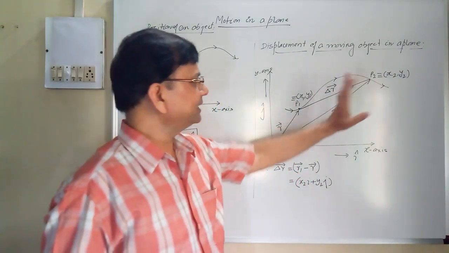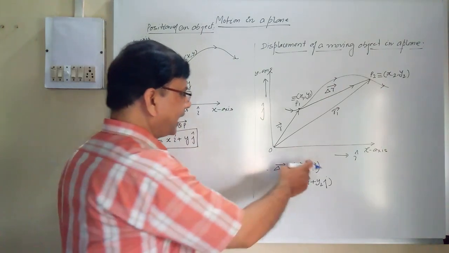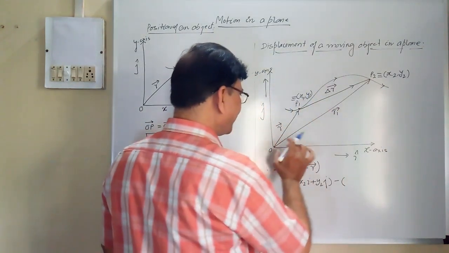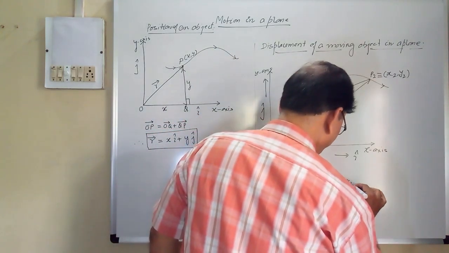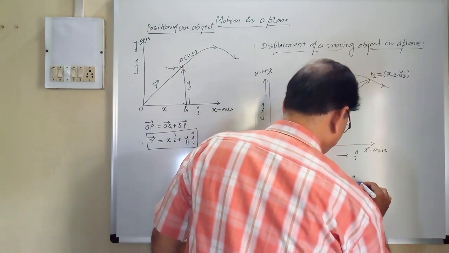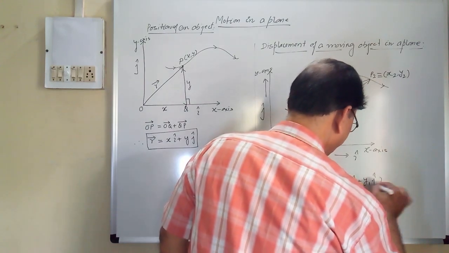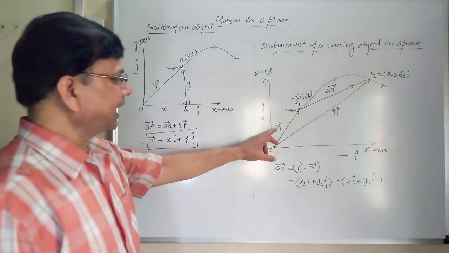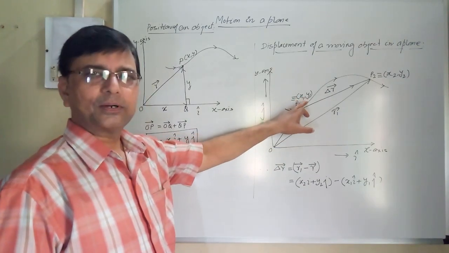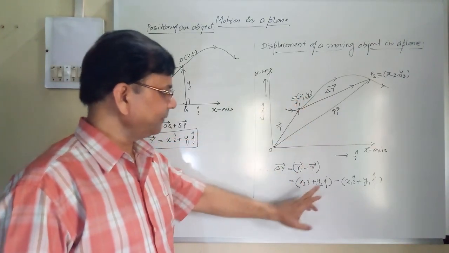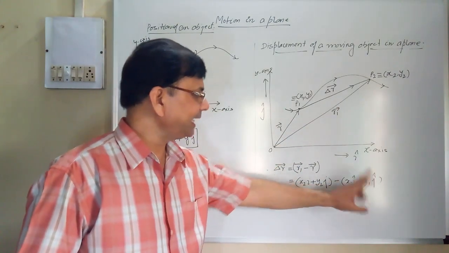R1 can be represented this way, and r can be represented as minus x1 i plus y1 j. Means r is represented in terms of the coordinates of the point P1, that is x1 i plus y1 j.